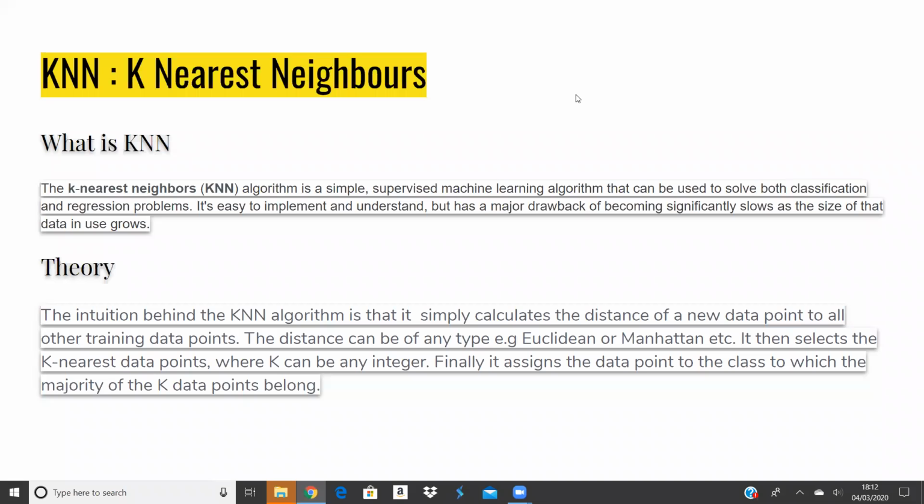Today we'll start with KNN, which is the K nearest neighbor algorithm. This is a supervised algorithm which is used to solve both classification and regression problems. Just imagine that we have different data which can be classified into different groups.